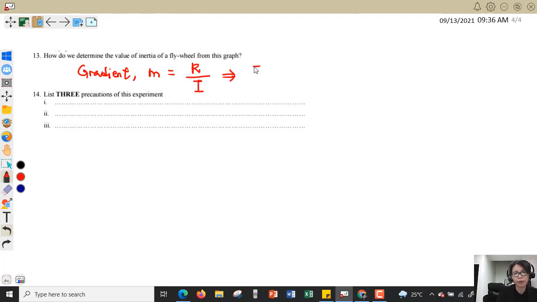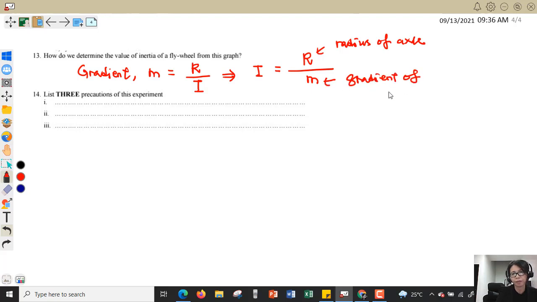Rearranging the equation, the moment of inertia will be the radius of the axle over the gradient of the graph. So r represents the radius of the axle, and m represents the gradient of the graph alpha against t. This is how we determine the value of moment of inertia for the flywheel.